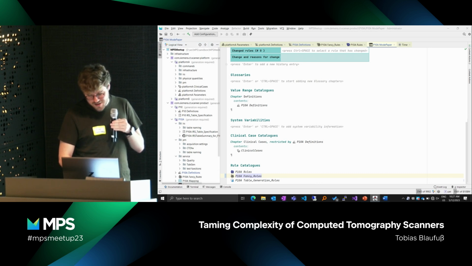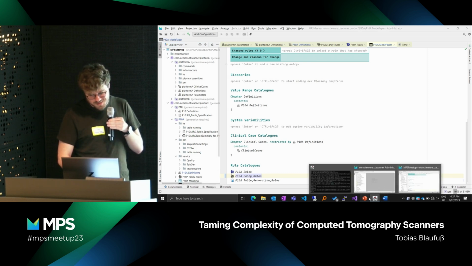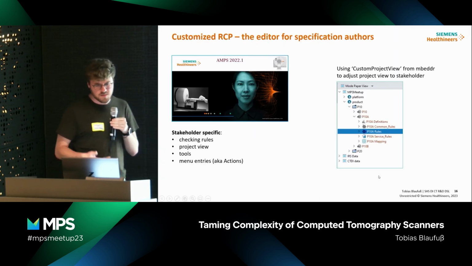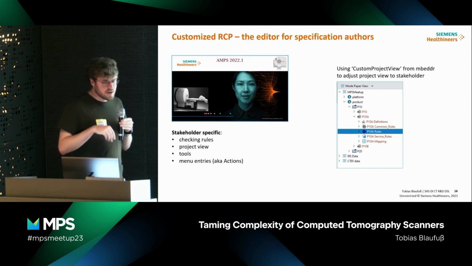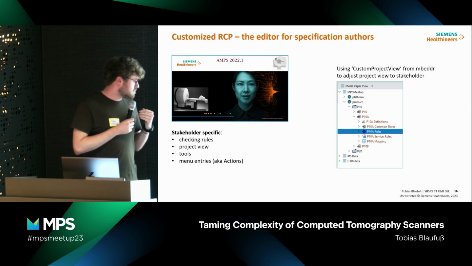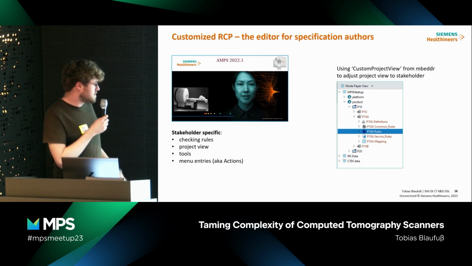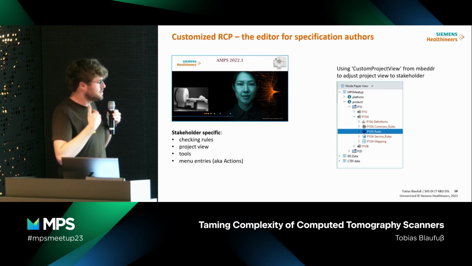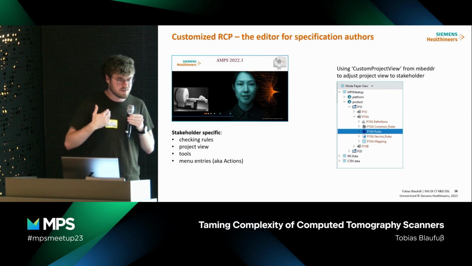Unfortunately, I can't show you more due to time constraints, but I wanted to show you the last things here. We have customized RCPs where we have views based on the stakeholder, and also custom tools, menu entries, and checking rules, because it is only necessary to execute checking rules that a user can also solve.